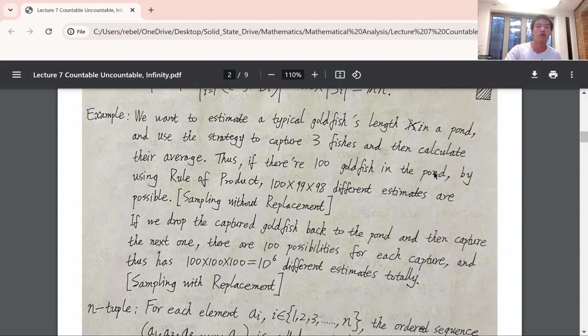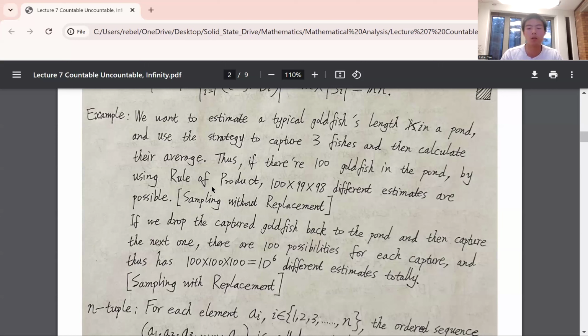We don't put each fish back into the pond. So there are 99 choices for the second because one is already chosen, and 98 choices for the third because the first two are already picked. This is also called sampling without replacement.